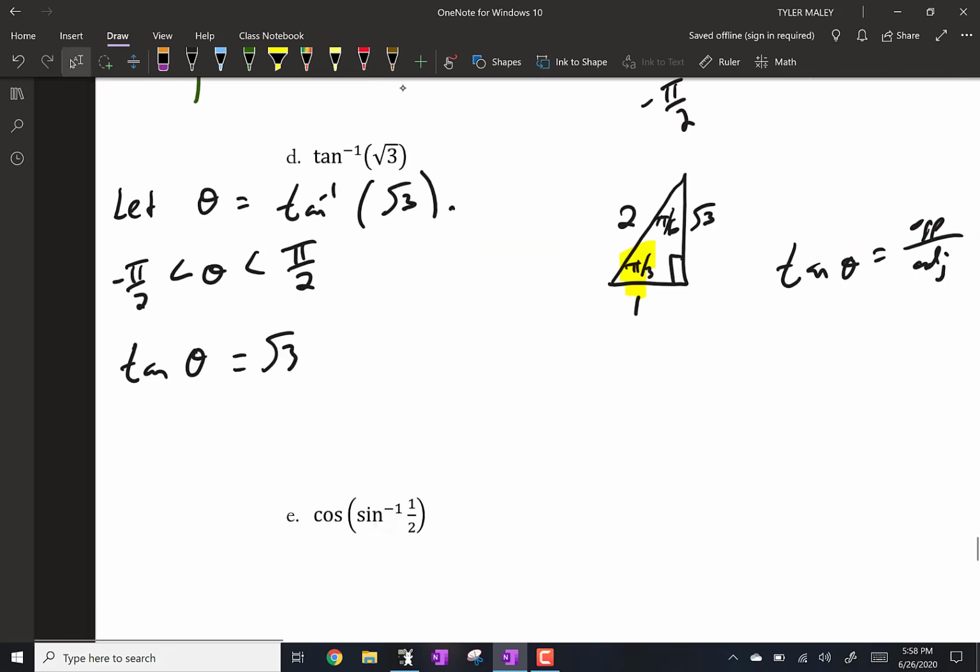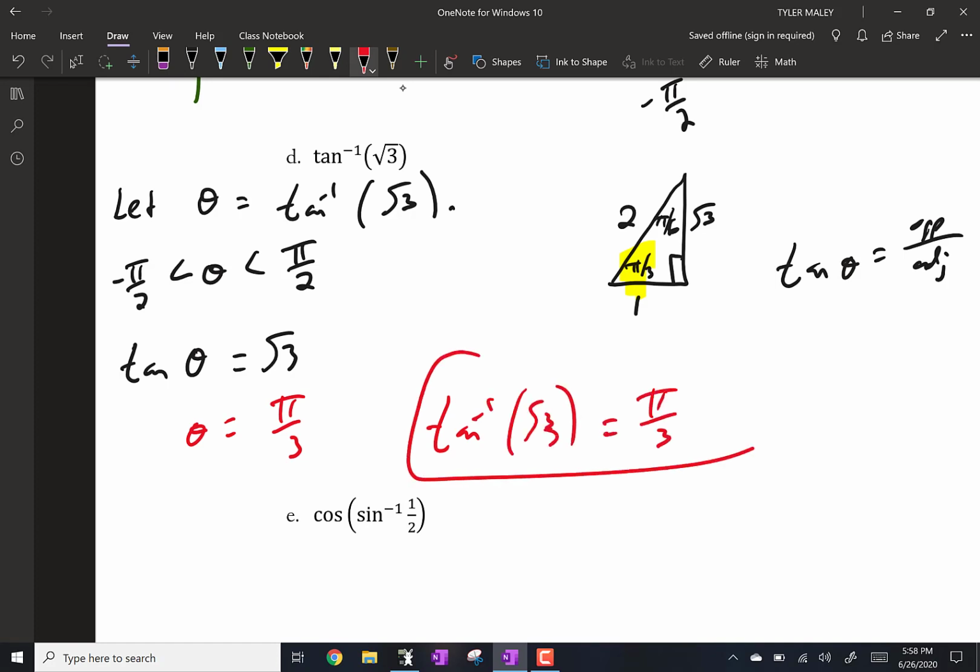So in other words, theta is equal to π/3. What that means is inverse tan of radical 3 is equal to π/3.